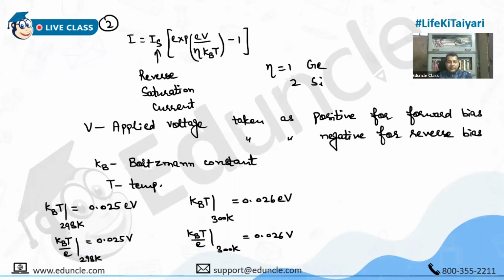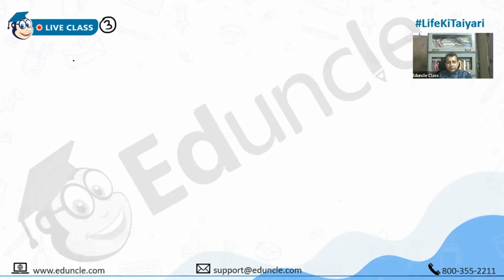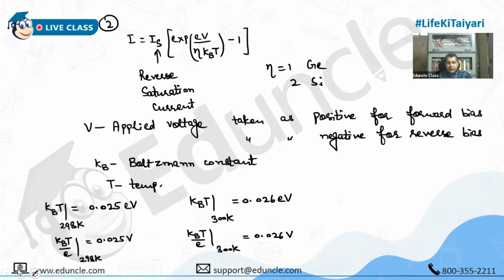Then how to get the resistance of the diode? One is RDC, which is called static resistance, given by V by I. And another one is RAC, which is given by dV by dI. And there is a formula for this. Can you tell me about that formula?